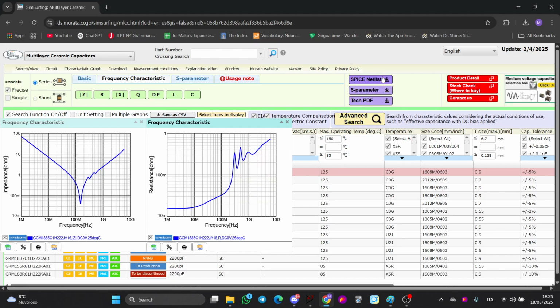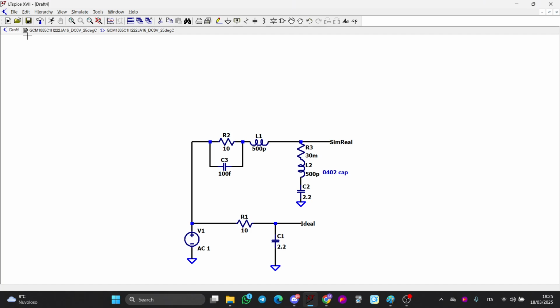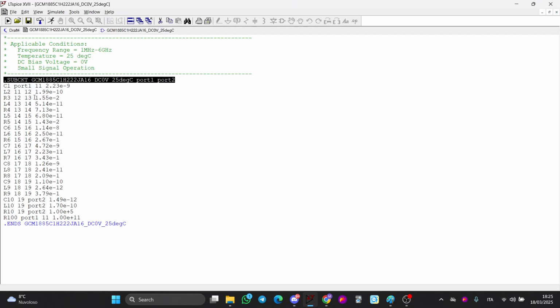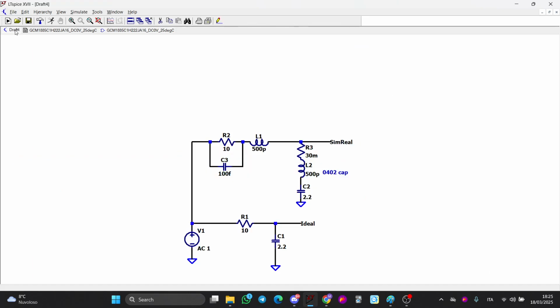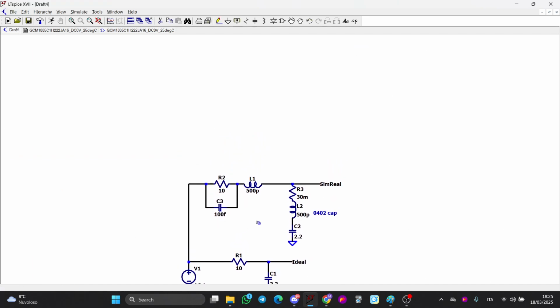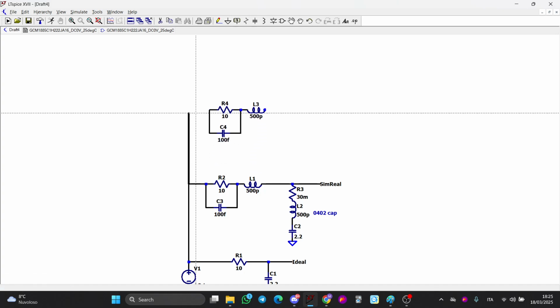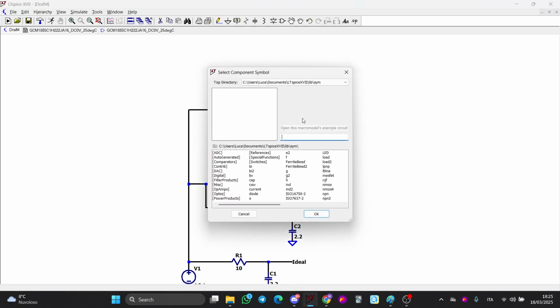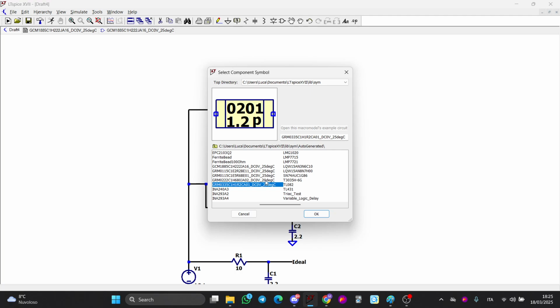You can import the Spice netlist like I did, and you can have the models. As you can see, they used a way more complex model than I have, but let's do this. So let's put again the real resistor, and with the auto-generated GMC 108, where is this guy?